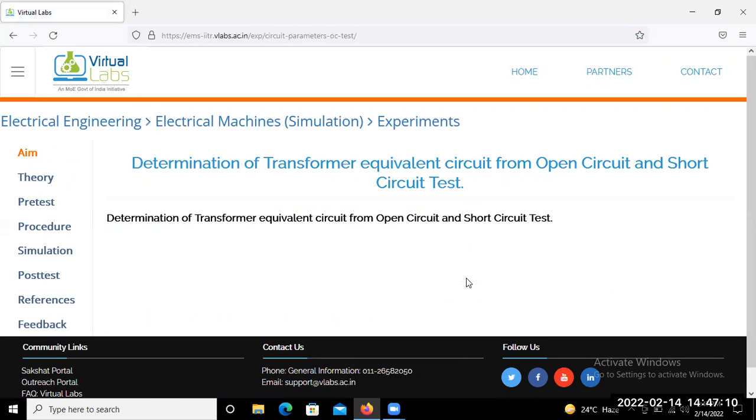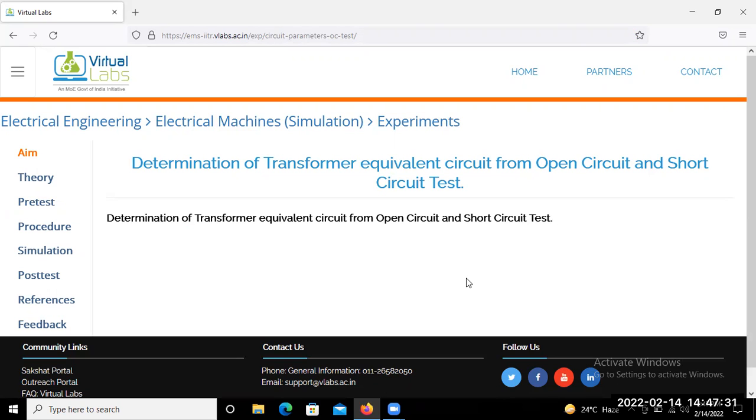Our aim of this experiment is the determination of the transformer equivalent circuit parameters from the open circuit and short circuit test.